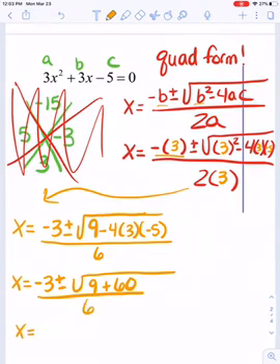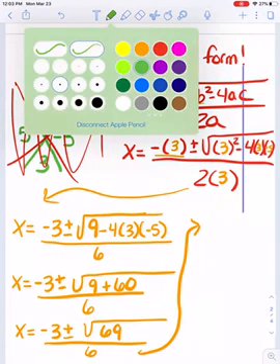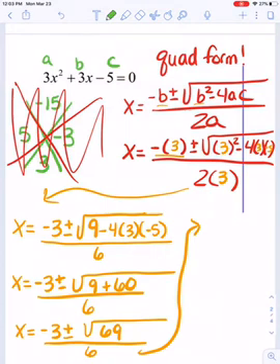Still got to keep going. I keep simplifying within my radical, so I get -3 plus or minus the square root. Just add those two numbers together, all divided by 6. I keep going. I got to simplify my radical. Unfortunately, square root of 69 is not a perfect square, so we are going to have a decimal, but that's okay. So I get x equals -3 plus or minus.